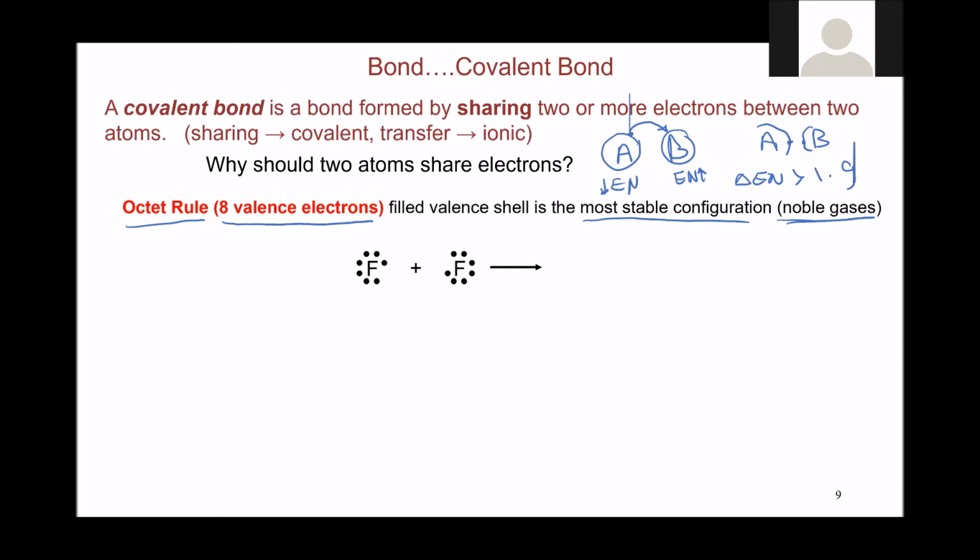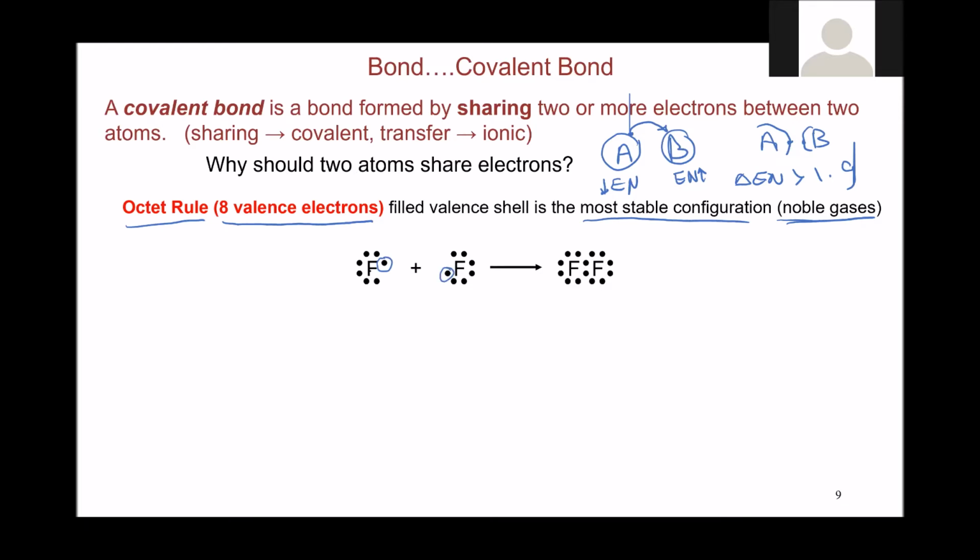So in case you don't have a strong difference in electronegativity and a complete electron transfer is not possible, they will simply try to satisfy the stabilization of the noble gas configuration by sharing electrons together. So that fluorine will share an electron with that one right here.